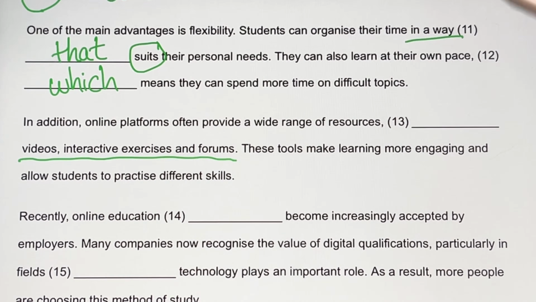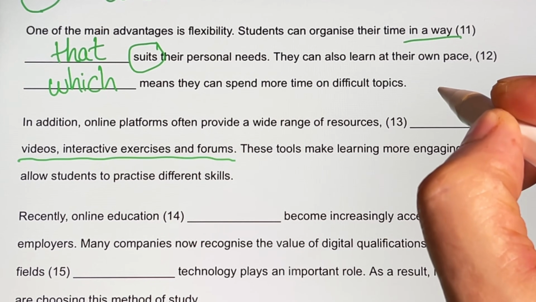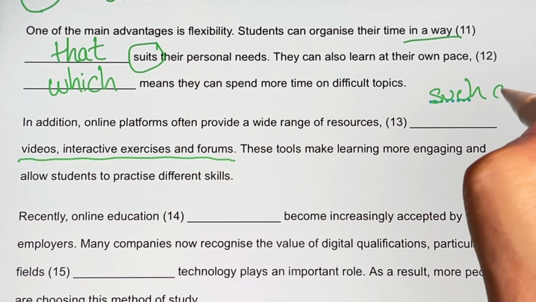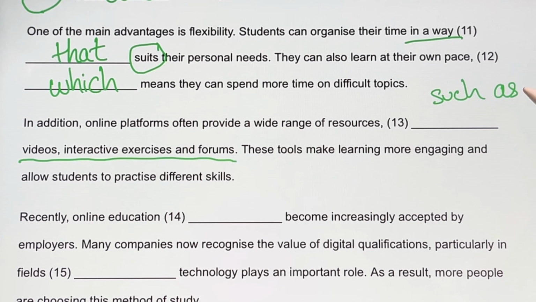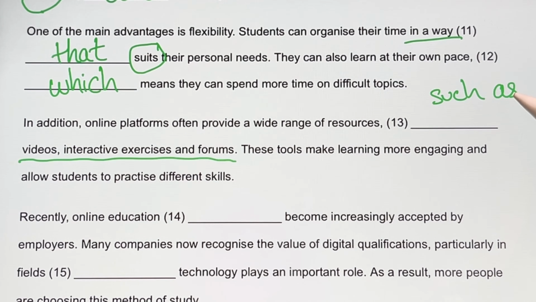So we cannot use like, I would tend, many students, so I would tend to put such as, right? Okay, because you think, okay, why not such as? The problem with this is that such as has two words, okay? And in this exercise of the first certificate, part 2, you can only use one word.